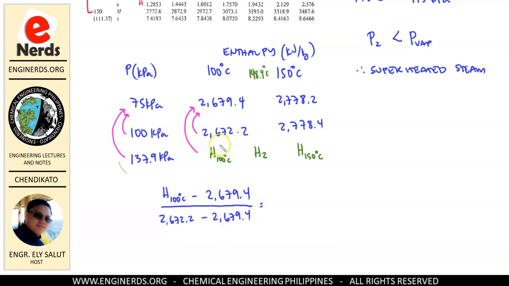And this is equal to, ito na sa ating pressure, we have 137.9 minus 75 divided by 100 minus 75.